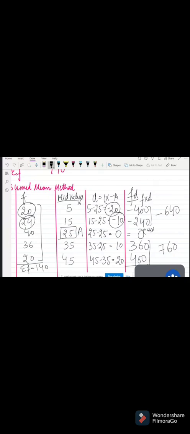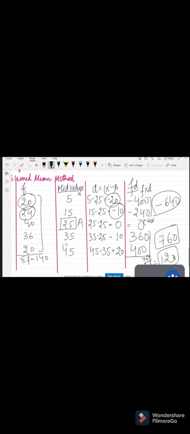So plus minus minus, and the total of this will be 120. 760 minus 640 is 120 positive, because 760 is bigger than 640. So the total of this is 120, right?